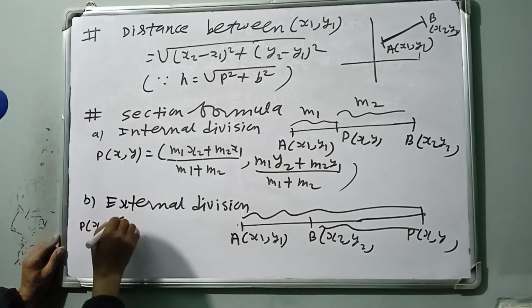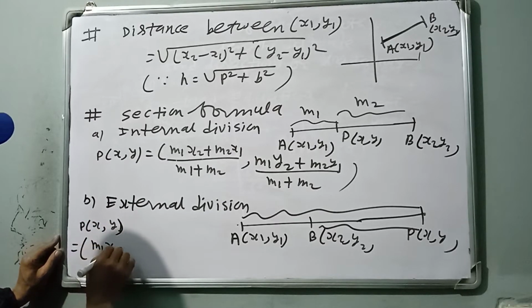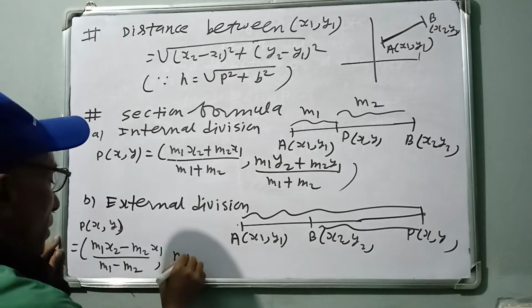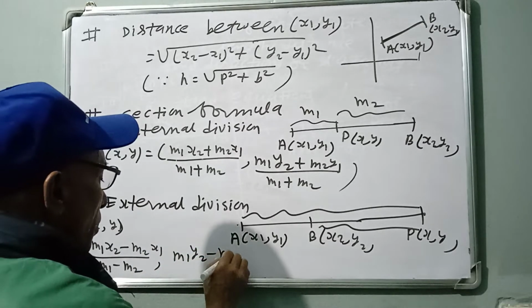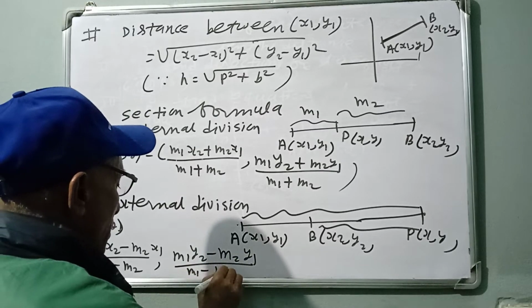External division: m1 x2 minus m2 x1 by m1 minus m2 comma m1 y2 minus m2 y1 by m1 minus m2.